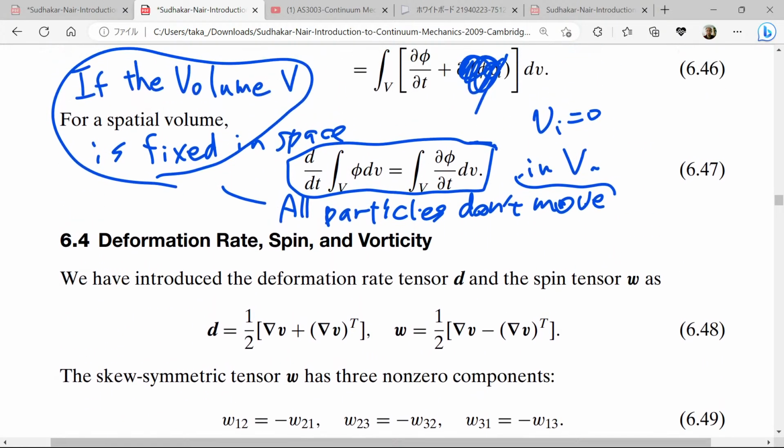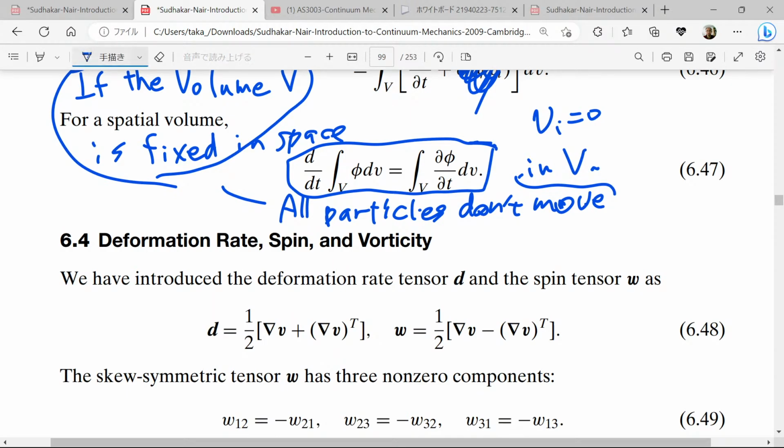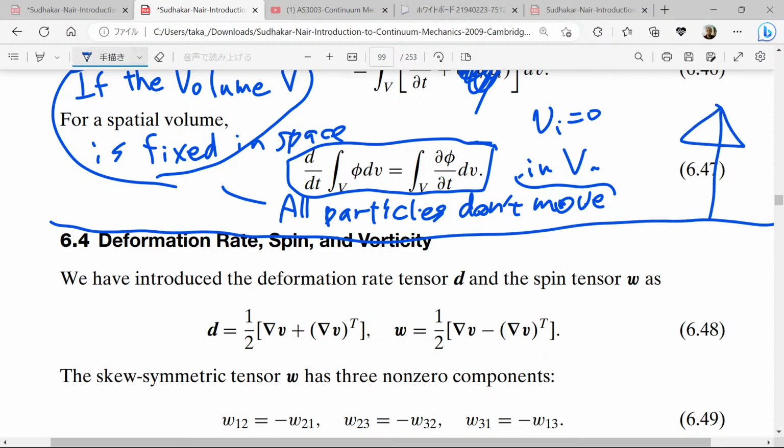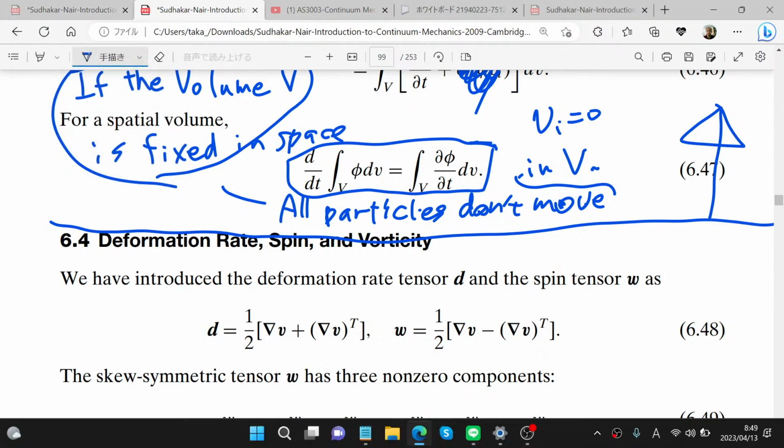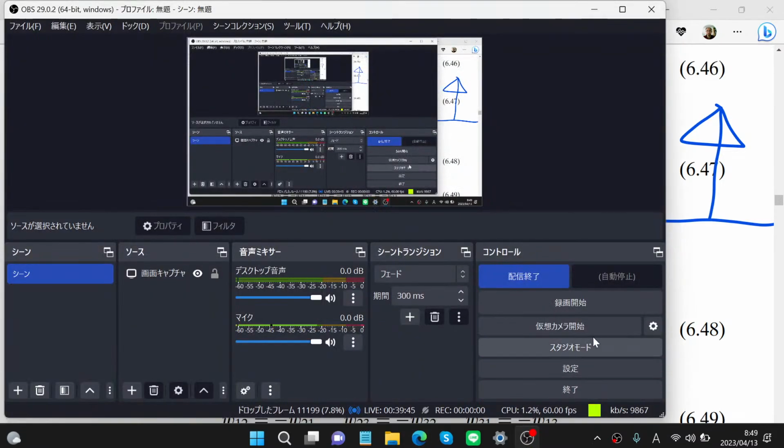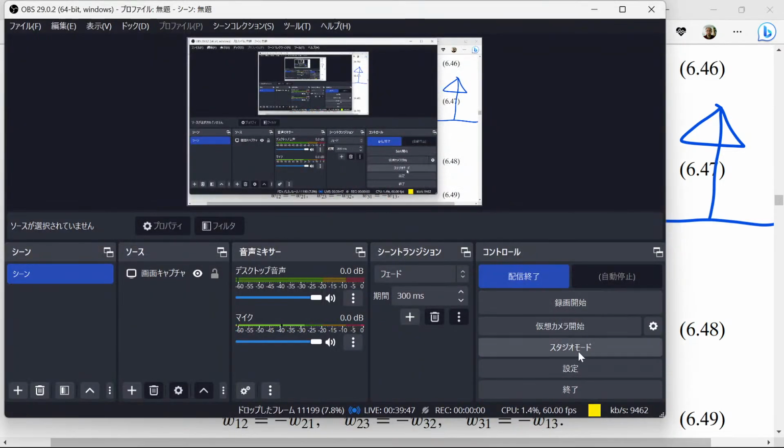So we can stop for the moment up to here. Okay, here we stop. Then in the next video we move on to chapter 7. Okay, so let's stop. I don't know how I can stop this.